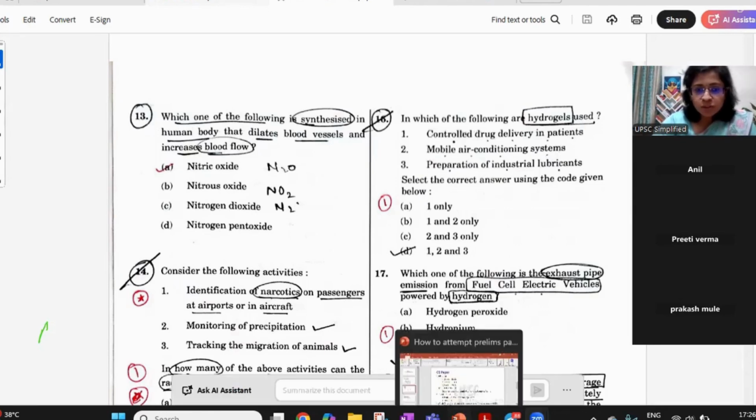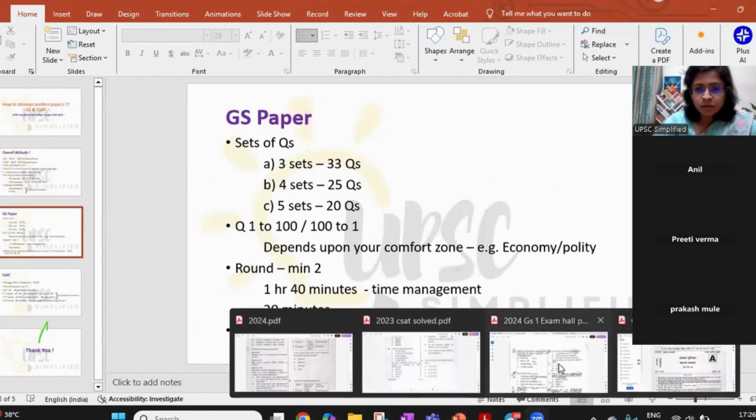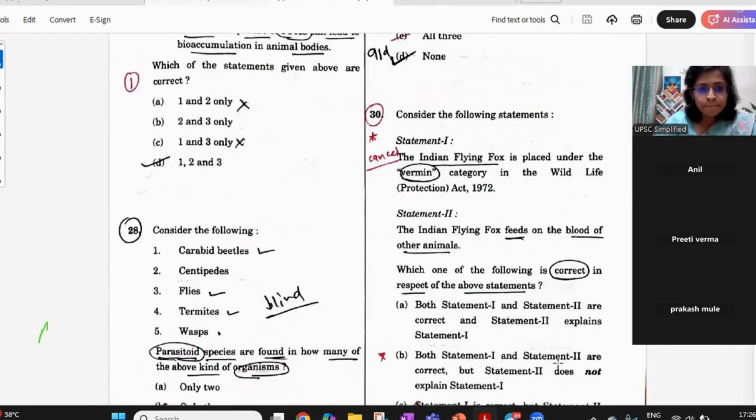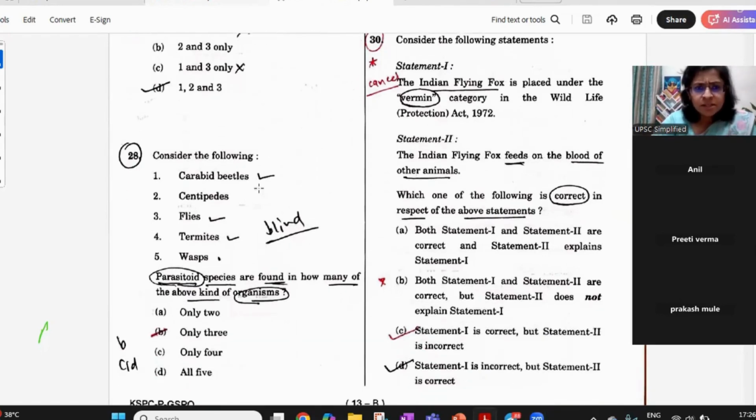Then the same goes with question numbers 28, 79, 98, 93. See this question. It was challenging, first of all, to know all these 5 insects or organisms. I was not knowing them.